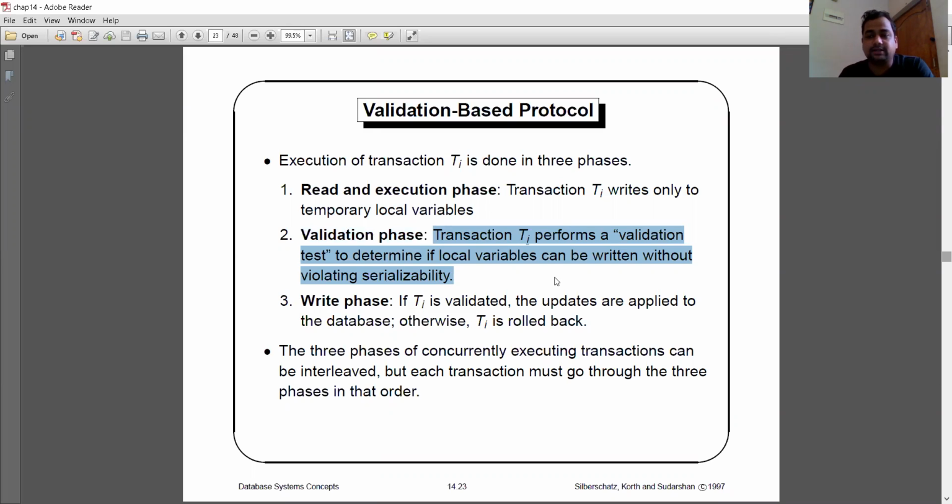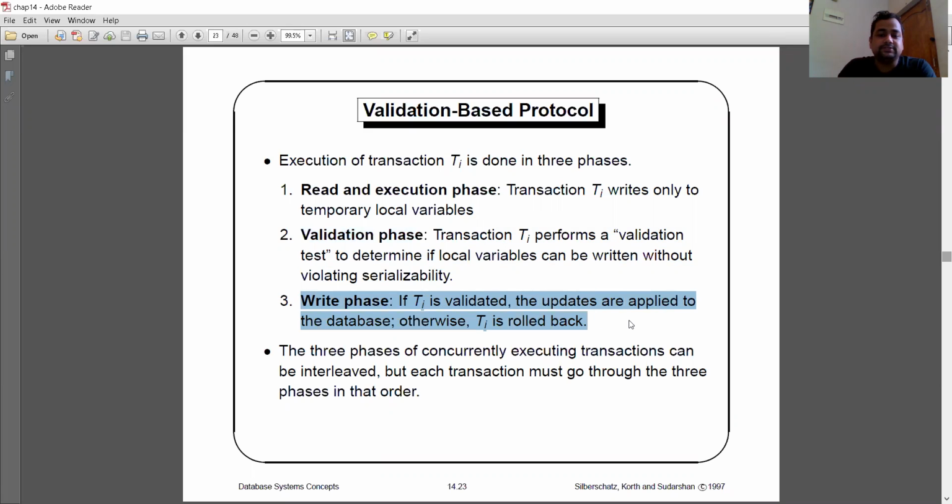Once read and validation are completed, we perform the write operation, called the write phase. So after Ti is validated, the updates are applied to the database. That means the write operation is completed. Otherwise, we have to roll back the transaction.